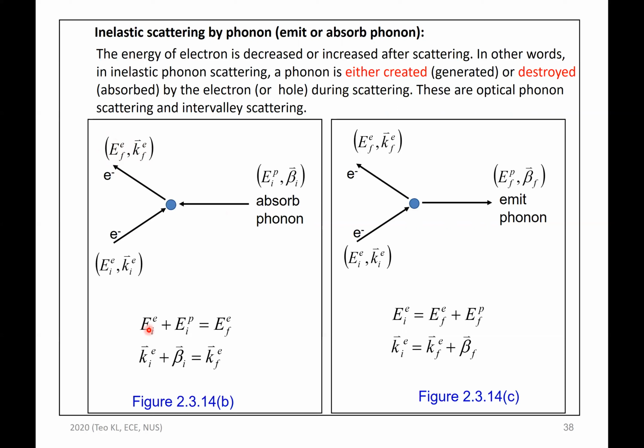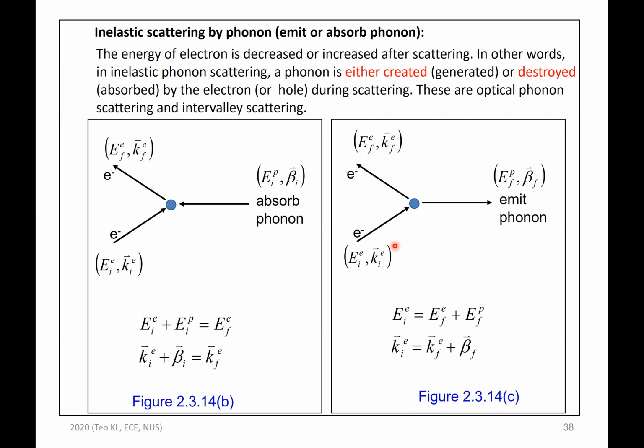So you can establish initial electron energy plus phonon energy, the electron absorbs a phonon energy, and that gives you the final electron energy. Momentum is the same, initial electron momentum plus the initial momentum of the phonon equals the final momentum of the electron. I just dropped the h bar because h bar will cancel off.